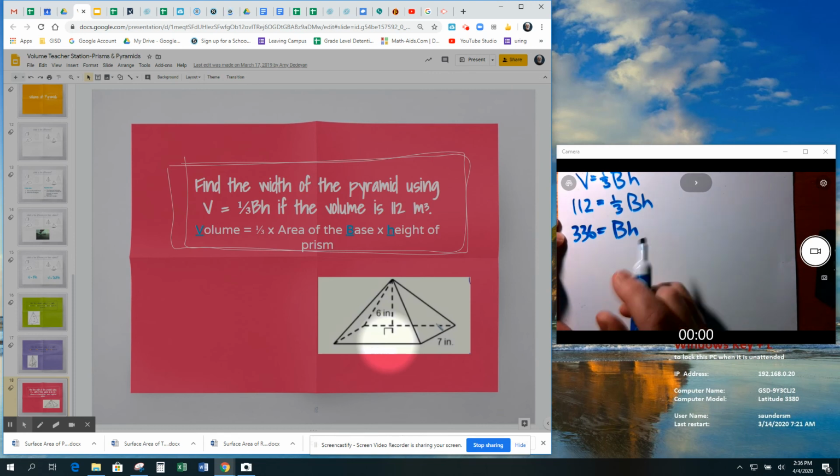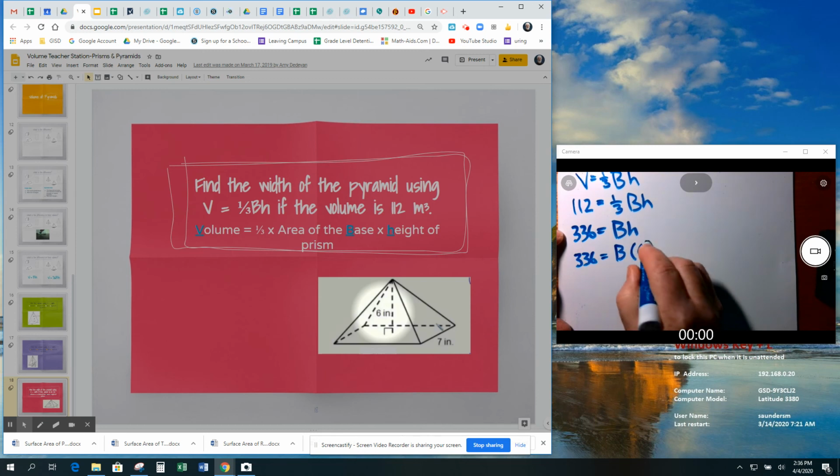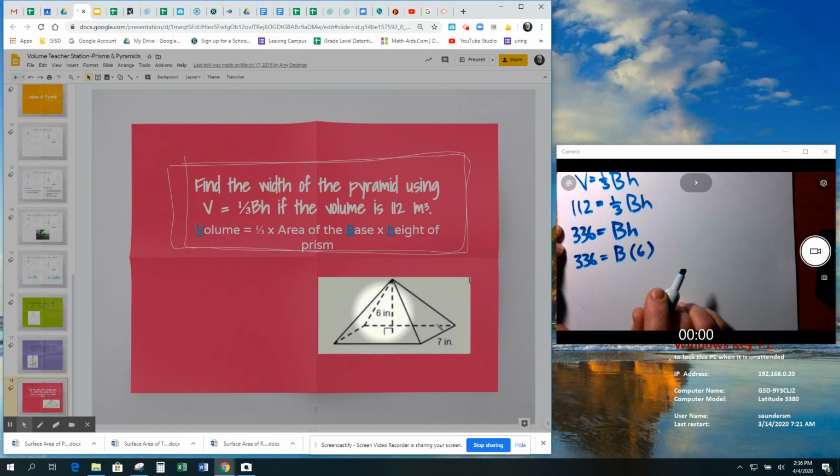Okay, now, what do I know? I know that the height of my pyramid is 6 inches. So 336 equals big B times 6. And I don't know what the area of the base is.